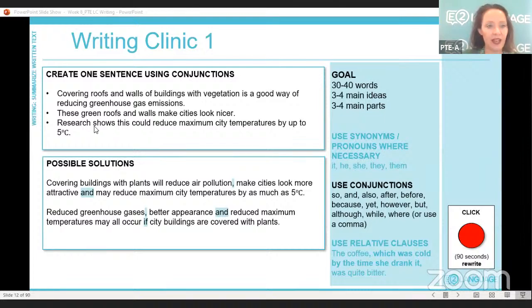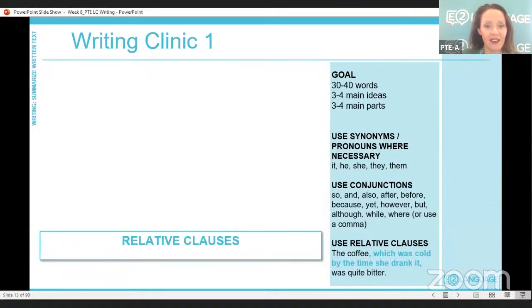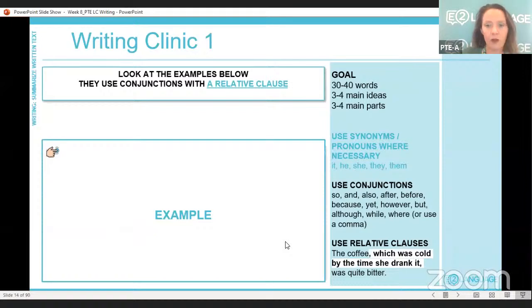I like the way you've started with this one, and you've said such a coverage. So excellent. So you've actually used that word covering and put it into another sort of noun form, coverage. Excellent, great job. Okay, so it's not easy, but you're doing well. So good job. And have a look at others to see some ideas. So let's try this one now. So we've got relative clauses.